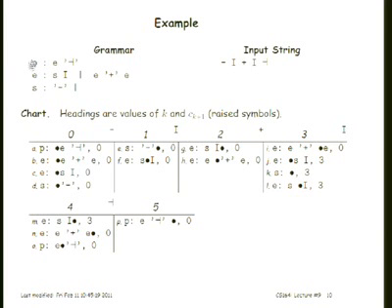So we have to be able to start from that, so we can seed the whole process with this item here, which says, assuming that we haven't matched anything yet, the dot is at the left, and we are starting at position 0, right here.